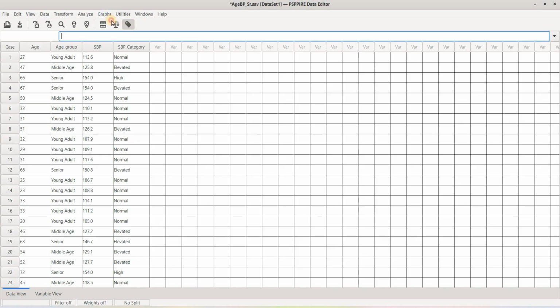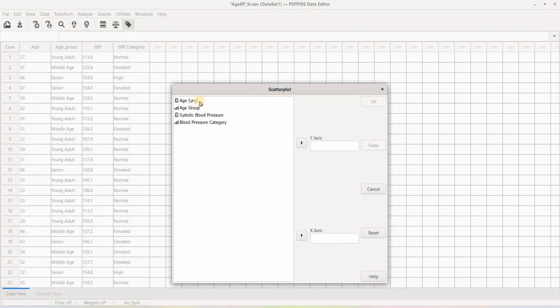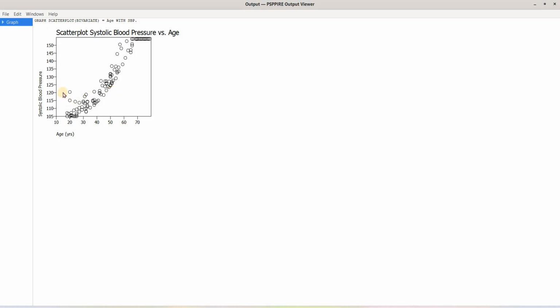So we'll go to graph, let's do a scatter plot, and we want to put age on our x-axis, and systolic blood pressure on our y-axis if we're thinking that systolic blood pressure is dependent on age, and we click OK. So when we look now, we get a graph like this. We see here that after a certain age, the blood pressure values kind of remain the same, but it's still going in one direction.